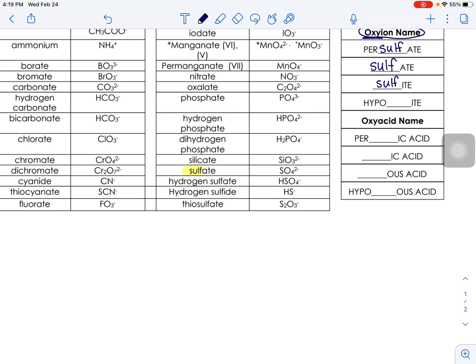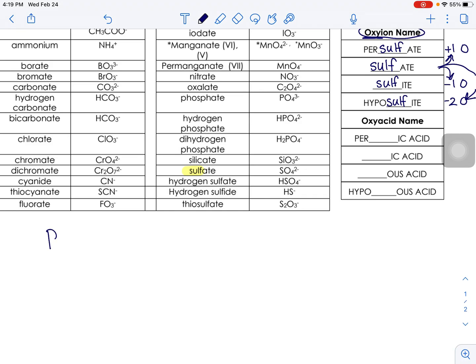Sulfite is 1 less, and hyposulfite is 1 less than that. So you can write plus 1 oxygen, minus 1 oxygen, and then you can write minus 2 oxygens if you're talking about from the sulfate, or minus 1 from the sulfite. So you can decide what makes sense to you there. From here, it's minus 2.